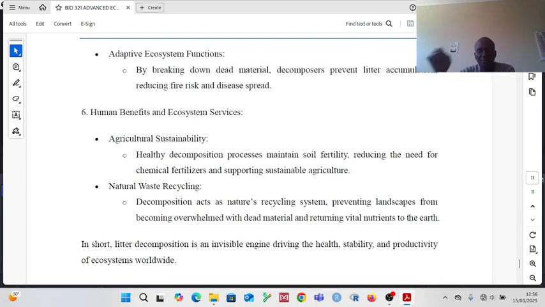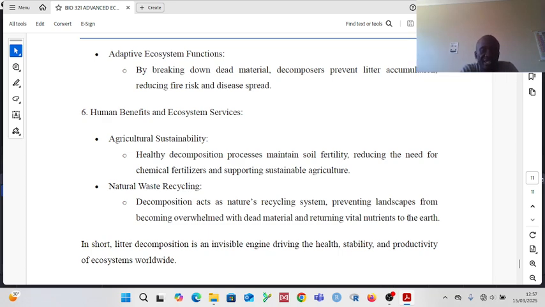The last component, which is critical, is the human benefit and the ecosystem service. When you are decomposing litter, there is nutrient recycling, there is nutrient provision for the soil, so the soil will be more fertile. When the soil is more fertile, who benefits? Humans. So agricultural sustainability. Because the soil is more fertile now, it will reduce the reliance on chemical fertilizers.